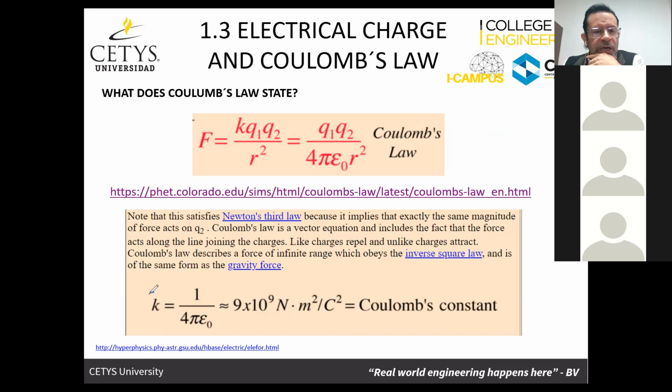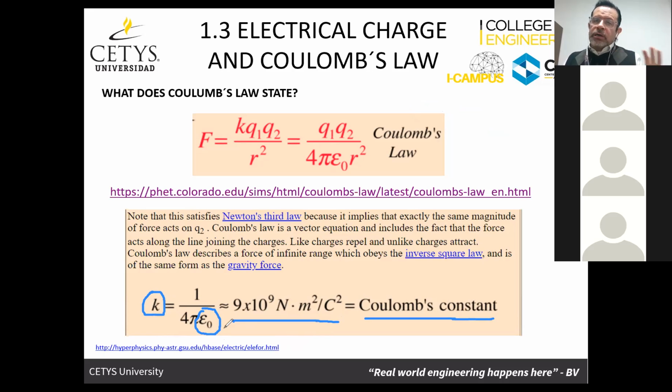And it follows the same principles as Coulomb's law. We're going to be using a constant K from now on, which is Coulomb's constant, 9 times 10 to the 9 Newton meters squared divided by Coulomb squared, which is 1 over 4 times pi times the permittivity constant of vacuum.